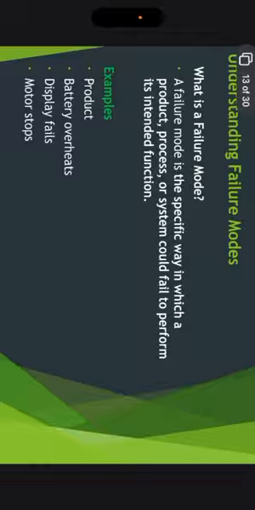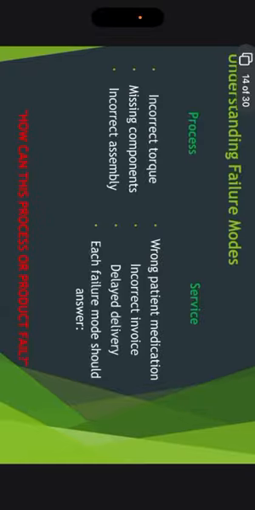That design did not meet up with the intended function, so there was a failure. Examples of product failure: battery overheating, display failure, motor stops. So there are various forms of failure that can happen.